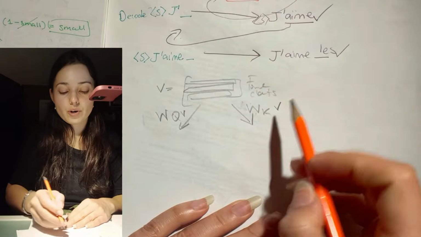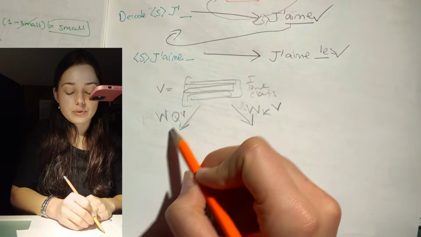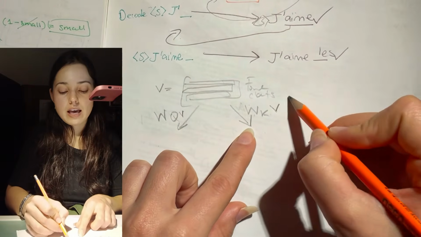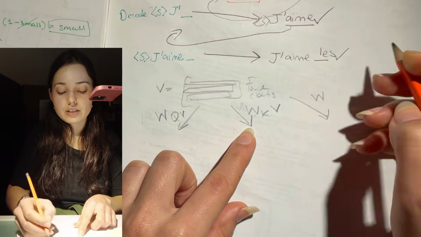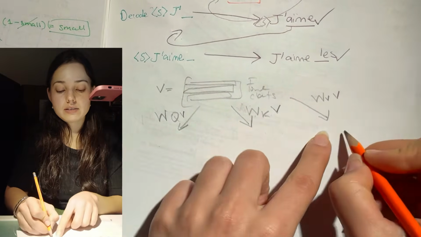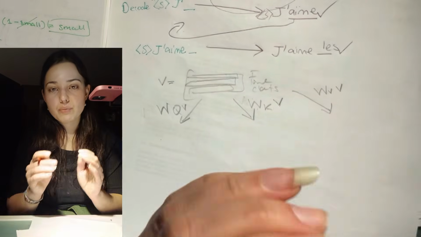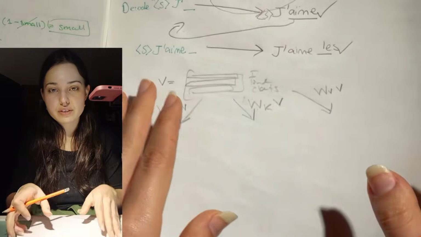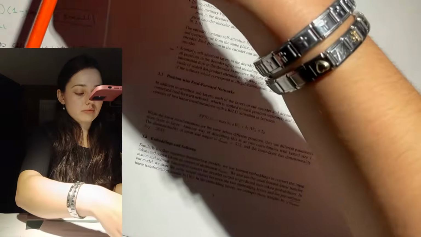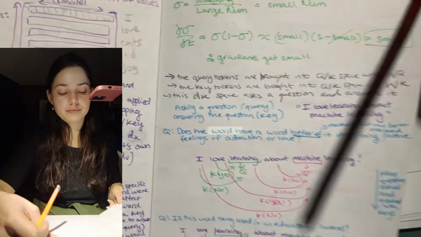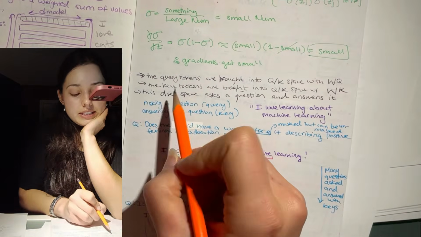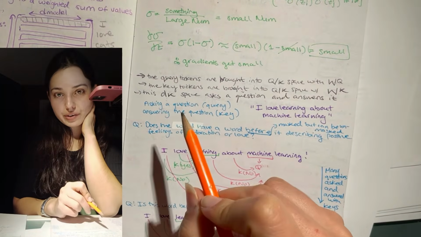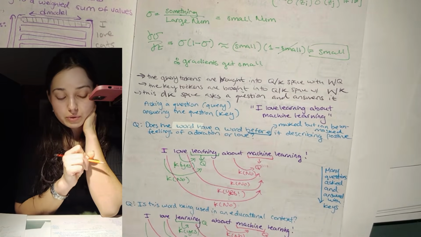So we transform all the word vectors into query space, into key space, and then one more transformation into this V space, which is how much the word should shift. DK is the dimension of the key and query space, so it's different than the input word embeddings.